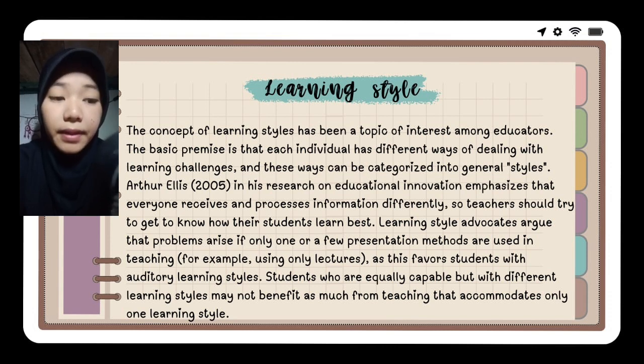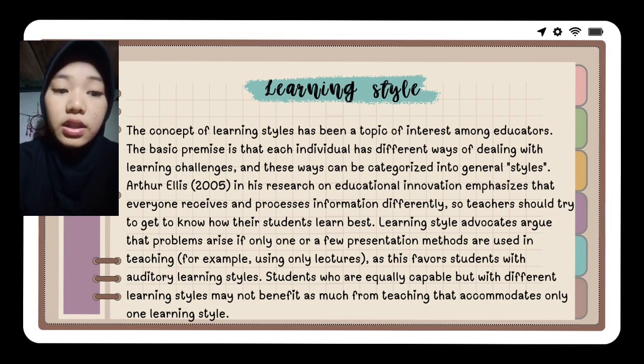For example, using only lecture favors the student with an auditory learning style. Equally capable students who have differing learning styles may not be getting as much out of instruction that addresses only one learning style.